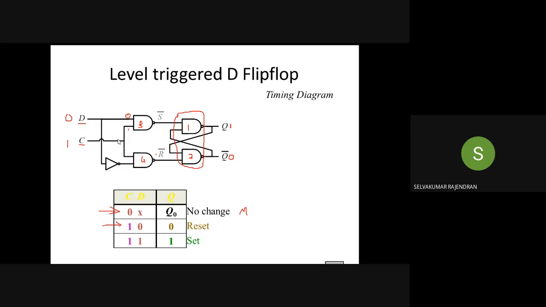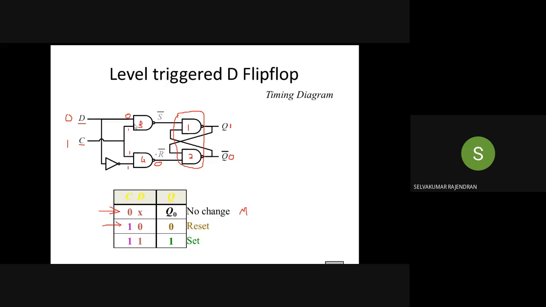Similarly, NAND gate 4 has logic 1 in the first input. On the second input, the 0 is complemented using this inverter or NOT gate, so the second input of NAND gate 4 is also logic 1. Both the inputs for NAND gate 4 are 1, so the output of NAND gate 4 is 0.